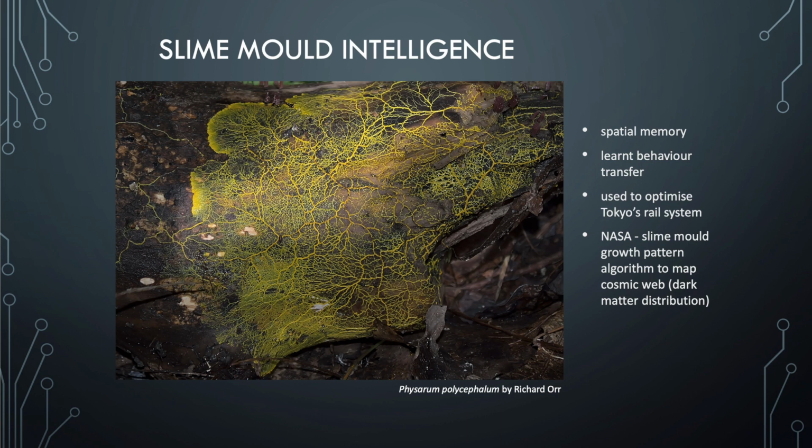The various points were where gases accumulated in the hot spots of the dark matter, and this was used to form the algorithm to show the connections between those hot spots in the cosmic web. So very interesting, and many different studies exist showing this, and Physarum is one of the most well-studied of these.